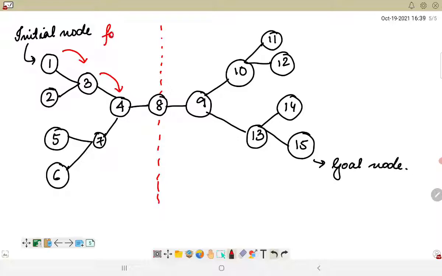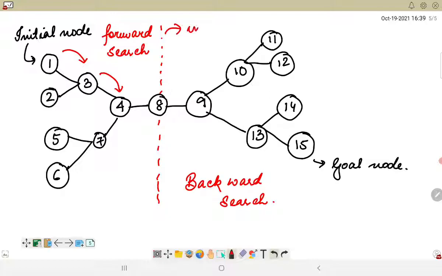Here I will consider the forward search, and in this part I will consider the backward search. When considering the forward search and backward search, I also have to consider the intersecting point. So this is the intersecting point.